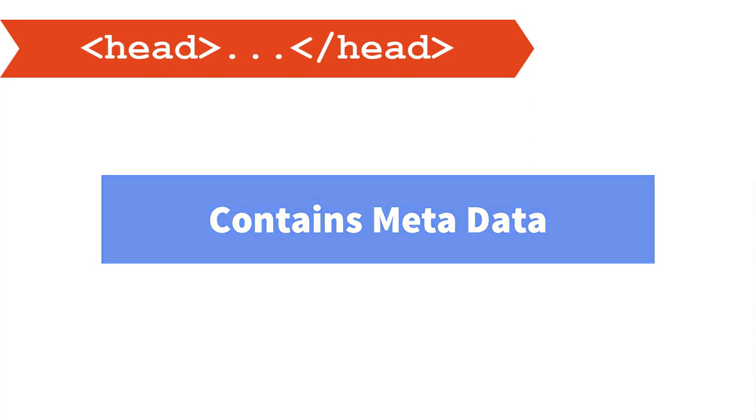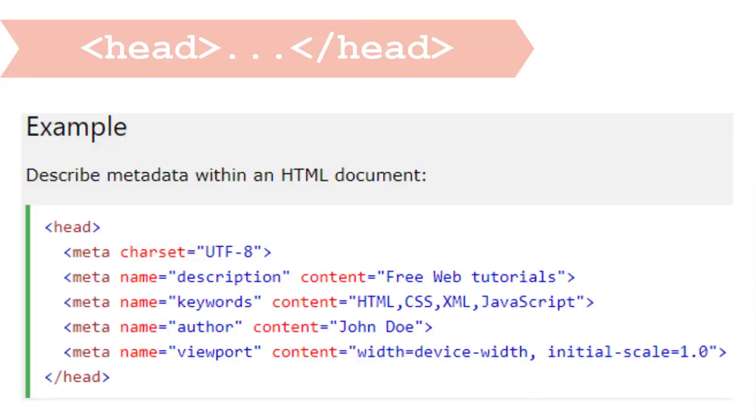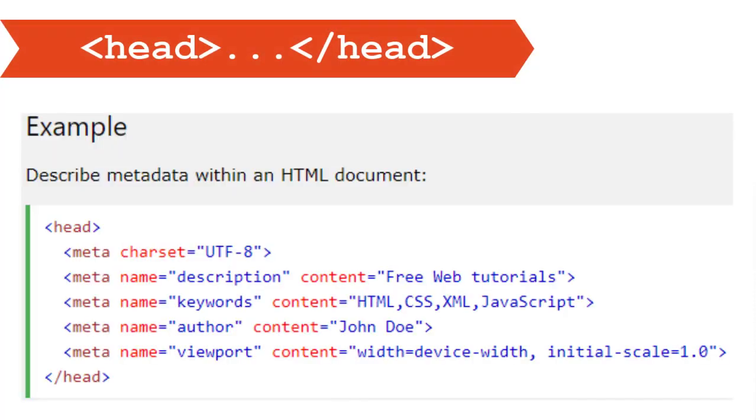For example, if you want to write some SEO keywords, you can write them inside the head tag in the form of a meta tag, right? Sometimes we also use viewport size, which is useful for design purposes. This is also information about the data, and it goes inside the head tag.